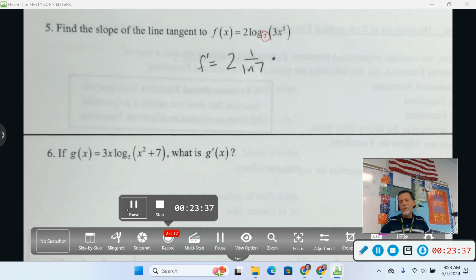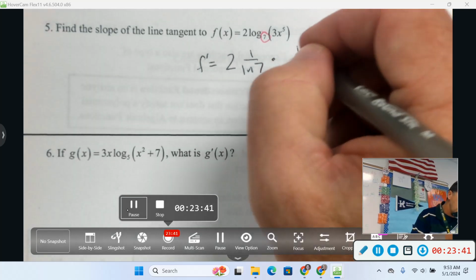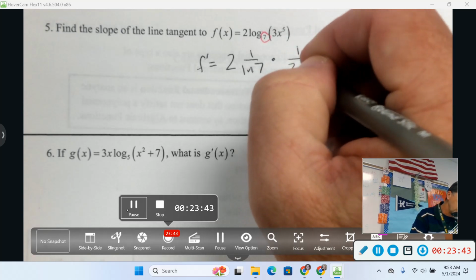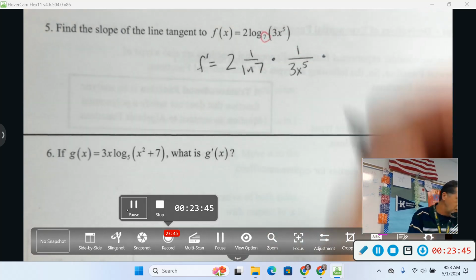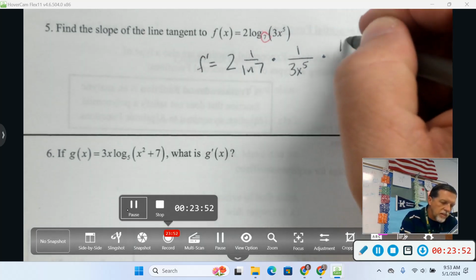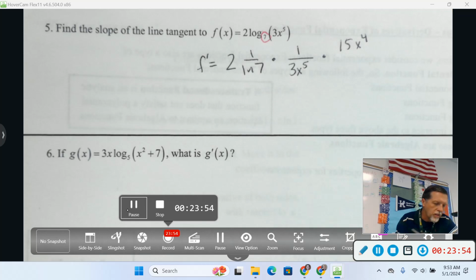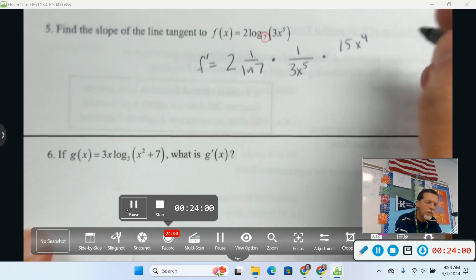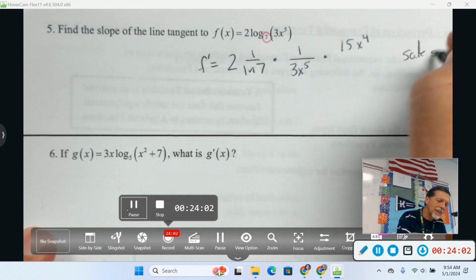And then now I can work on the derivative of a log function. 1 over the argument times the derivative of the argument. 15x to the 4th. That's a safe stop. Like it's all there and it's all right.